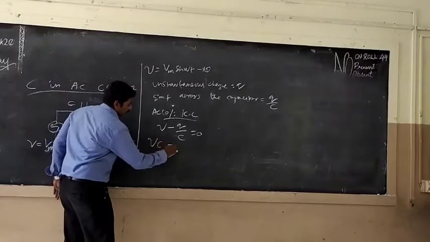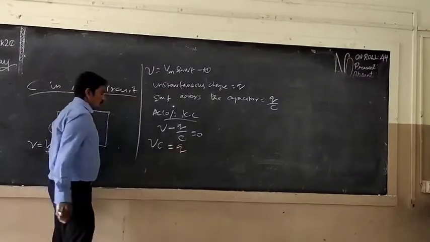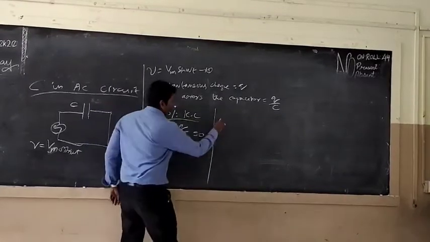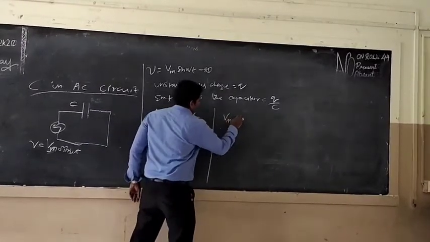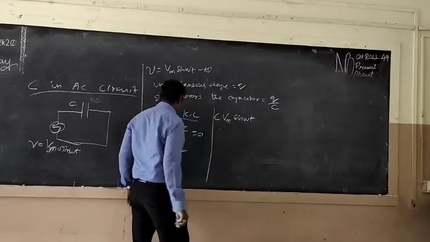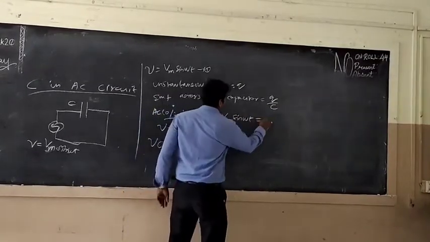Now CV is equal to Q. What is the value of V? V will be Vm sin omega t, so C V is equal to Q.